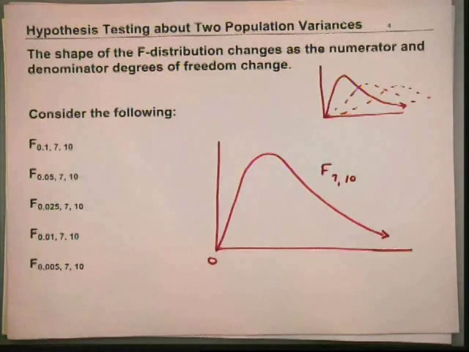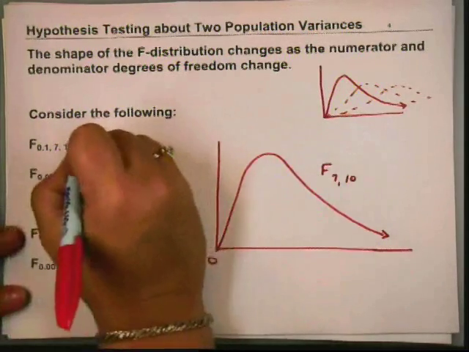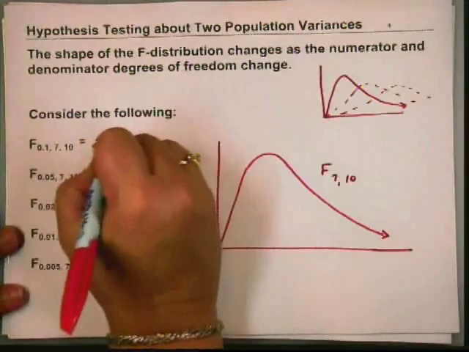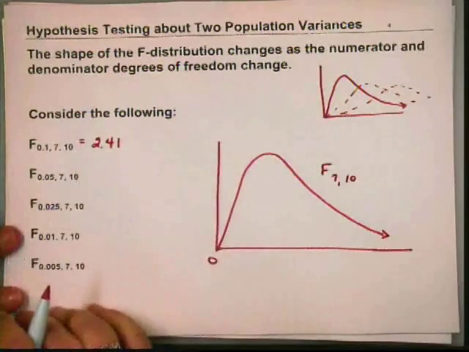If I go to the table, go to the page for 0.1, go to the column for 7 numerator degrees of freedom, and go to the row for 10 denominator degrees of freedom, what value do you find? I have 2.41. Do you agree?